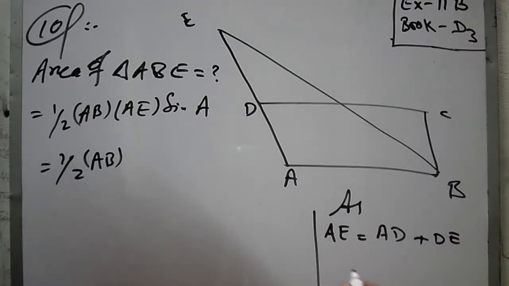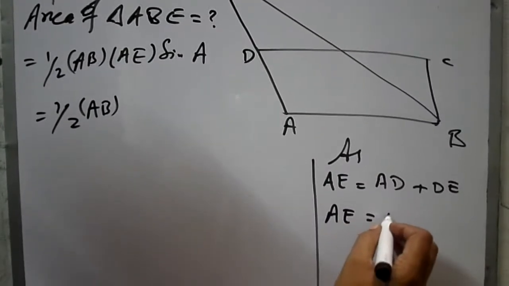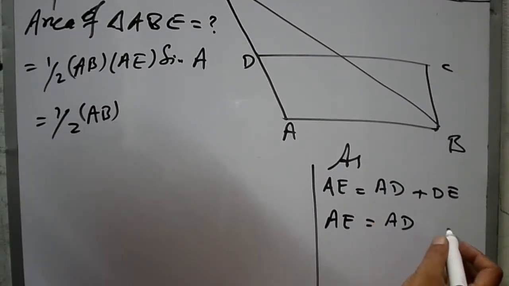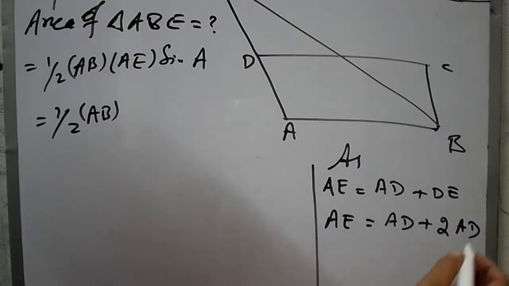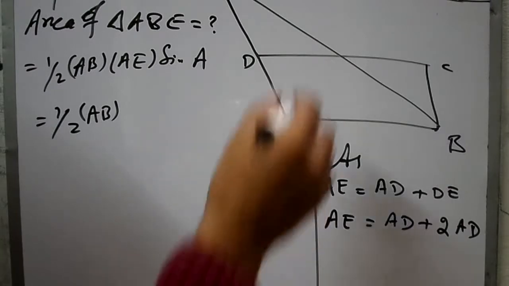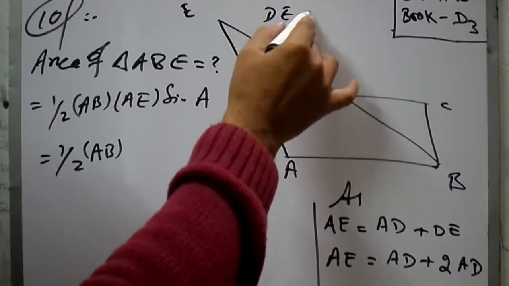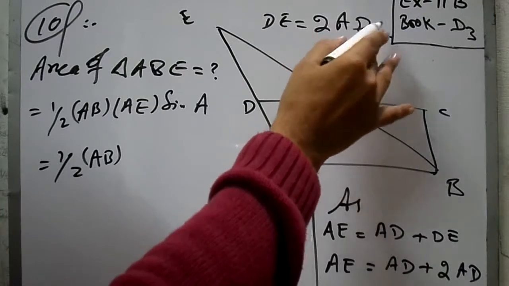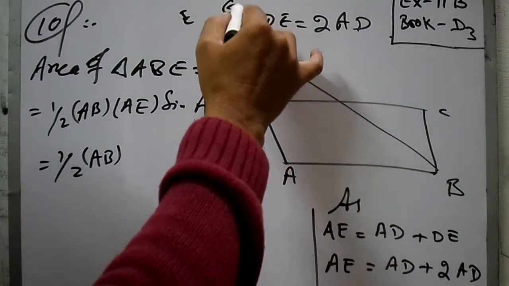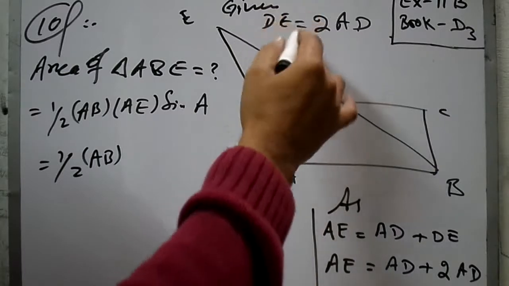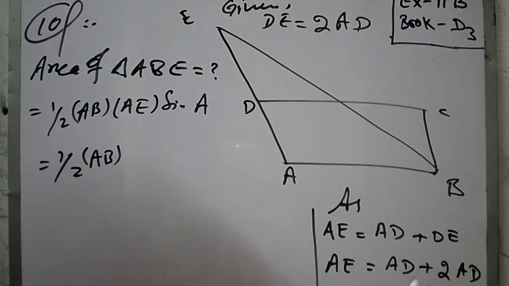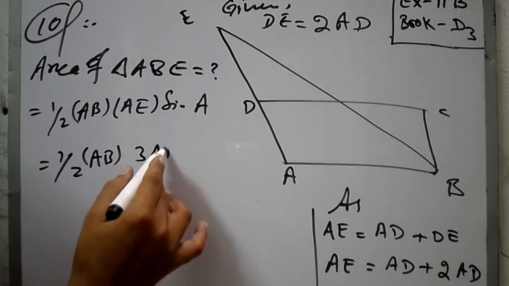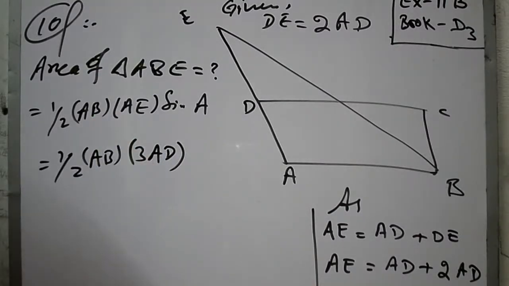So AE is equal to AD plus 2AD, because it is given to us, if we read the statement, that DE is equal to 2AD. That's why we have used this here. So you will get 3AD. So AE is equal to 3AD, and sine A.